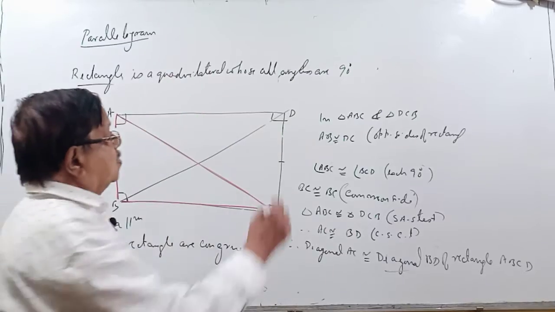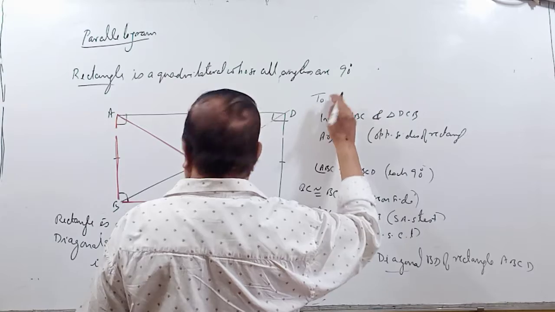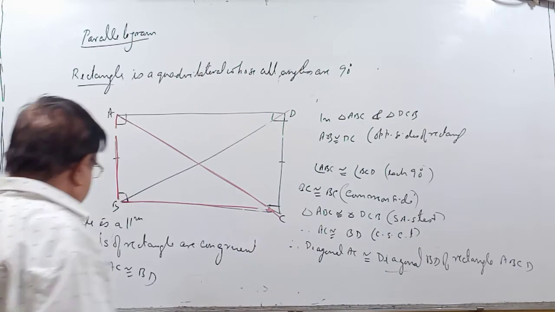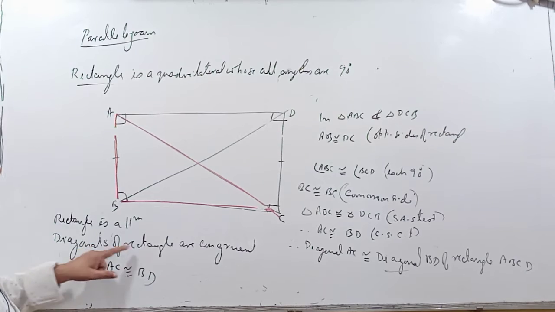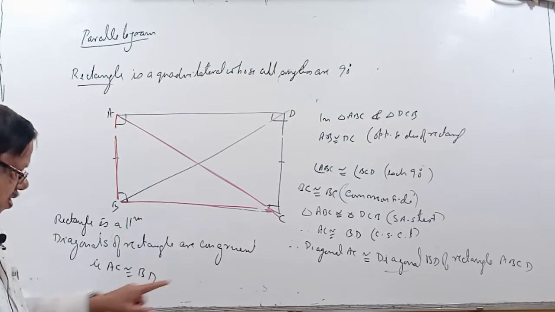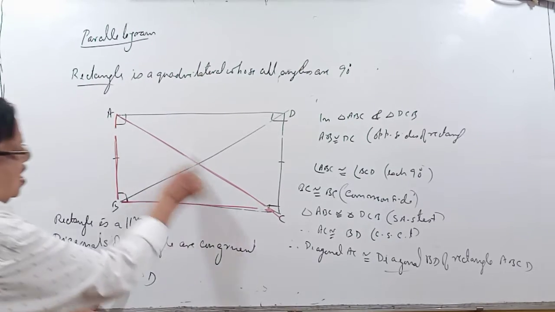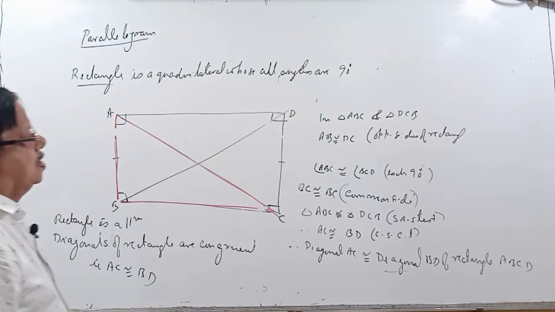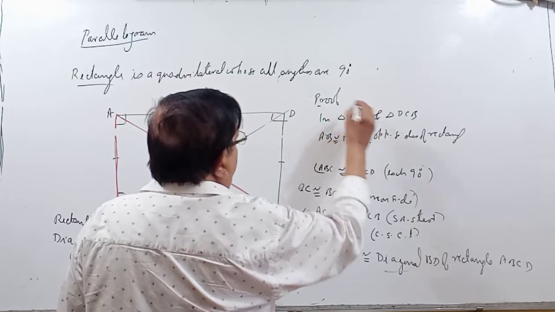To prove what we have proved, diagonals of a rectangle are congruent. ये prove करना है, prove AC congruent to BD, diagonals are congruent prove करना है. तो इधर proof लिखा है, proof. क्या proof है?